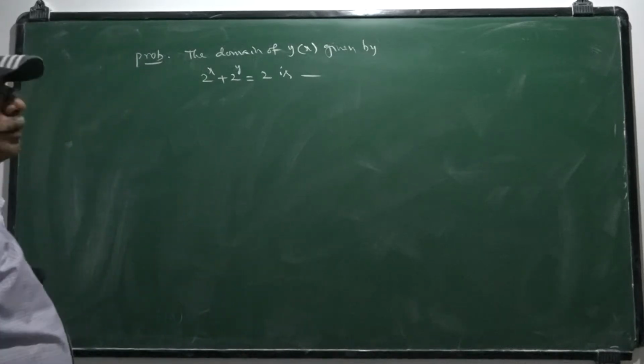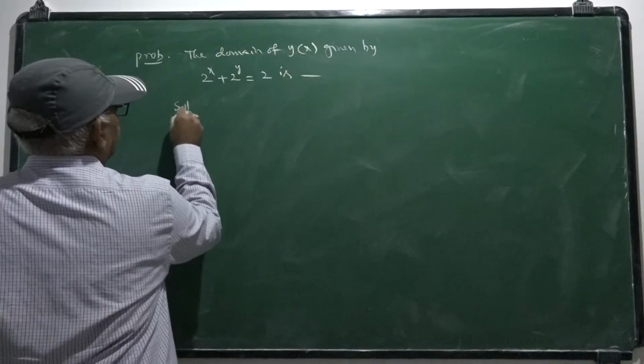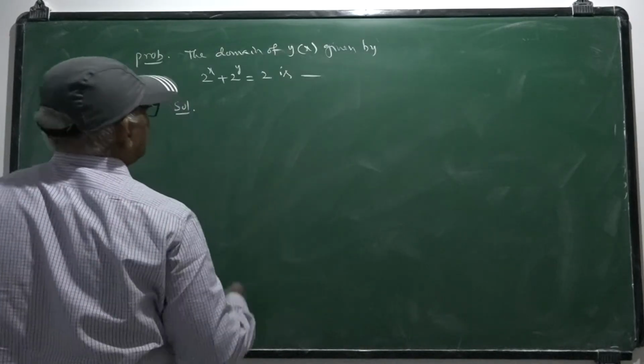The domain of y in terms of x follows from 2 power x plus 2 power y equal to 2. In such a case, write y in terms of x initially.